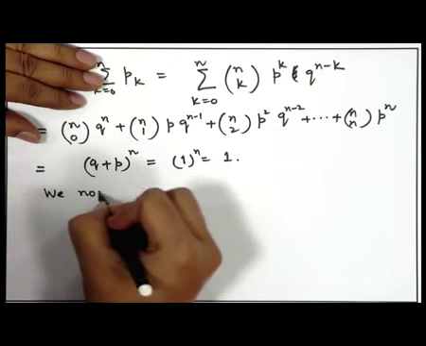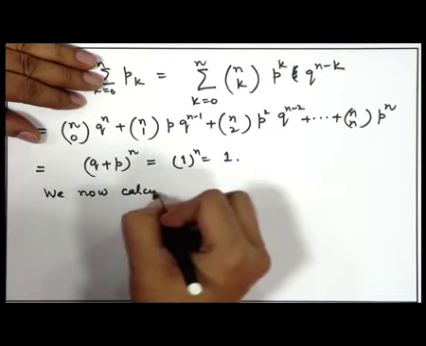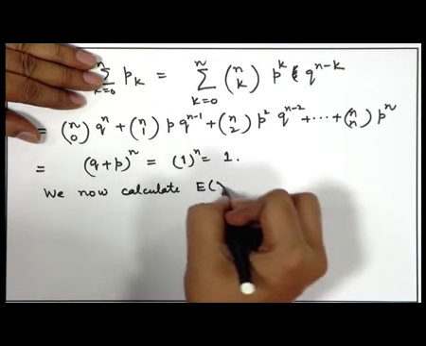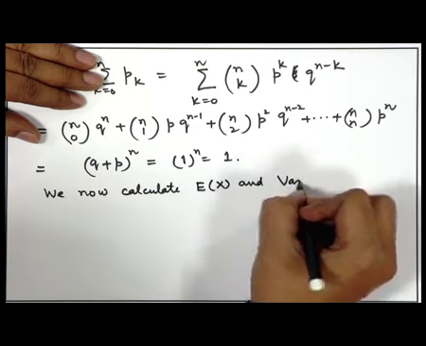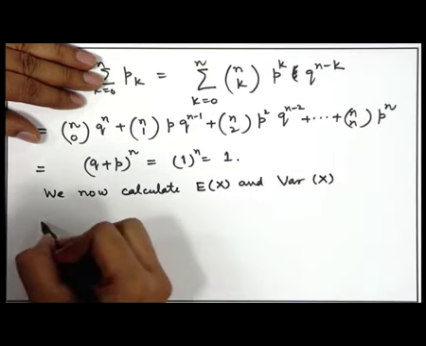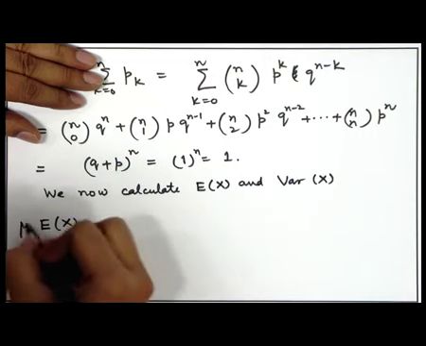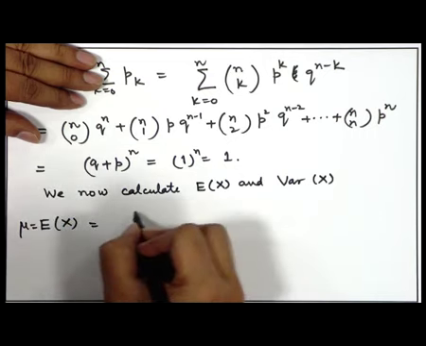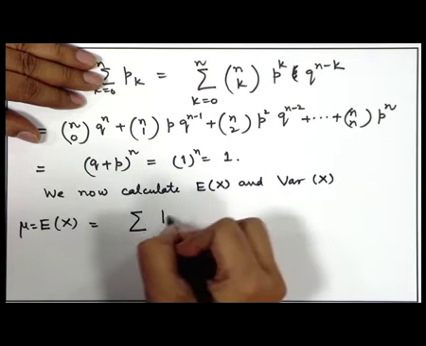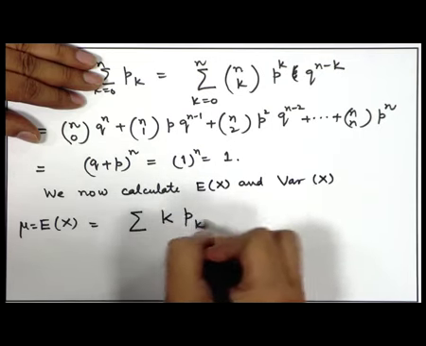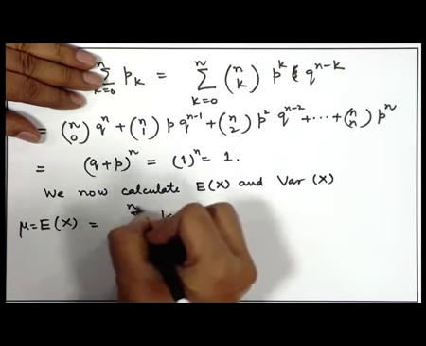I have already introduced the concept of expected value or the mean and the variance. So, let us see for the case of the binomial distribution what these values are. Expectation of X, that is mu, is by definition the value multiplied by the probability, that is k into pk, k equal to 0 to n.